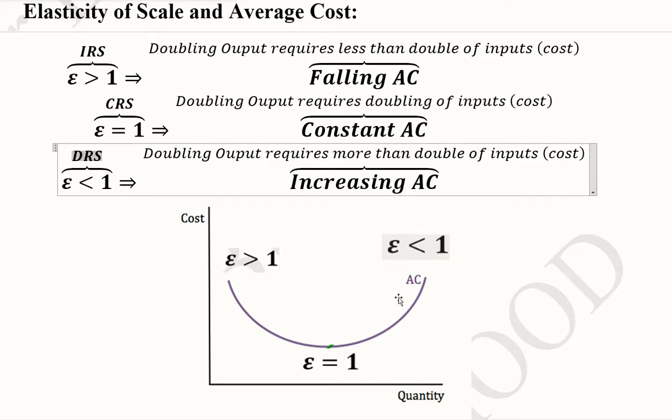It is an undesirable situation, so it is going to lead to an increasing average cost curve. The elasticity of scale will be less than 1 here, and this is how we are able to connect the elasticity of scale with the shape of the average cost curve, and definitely the 3 phases that it has.